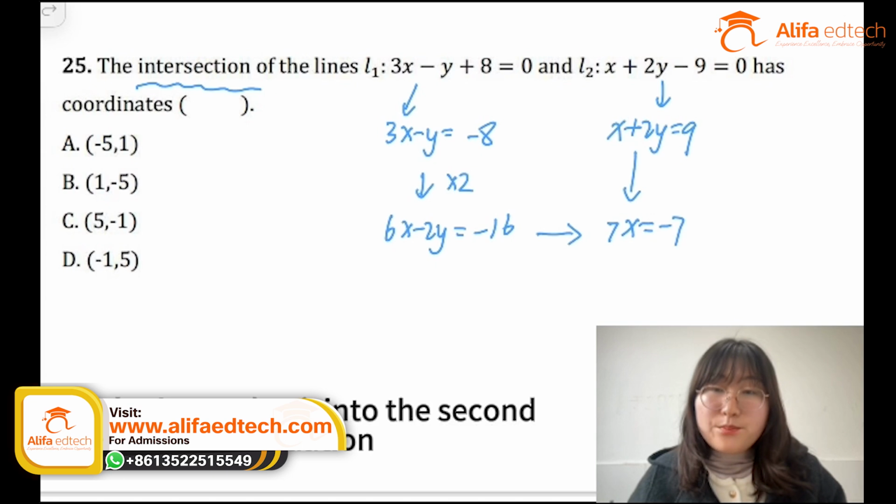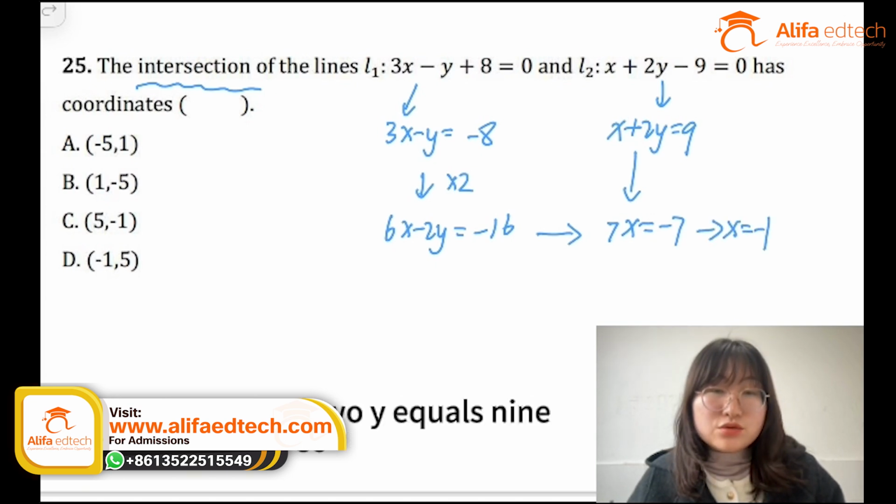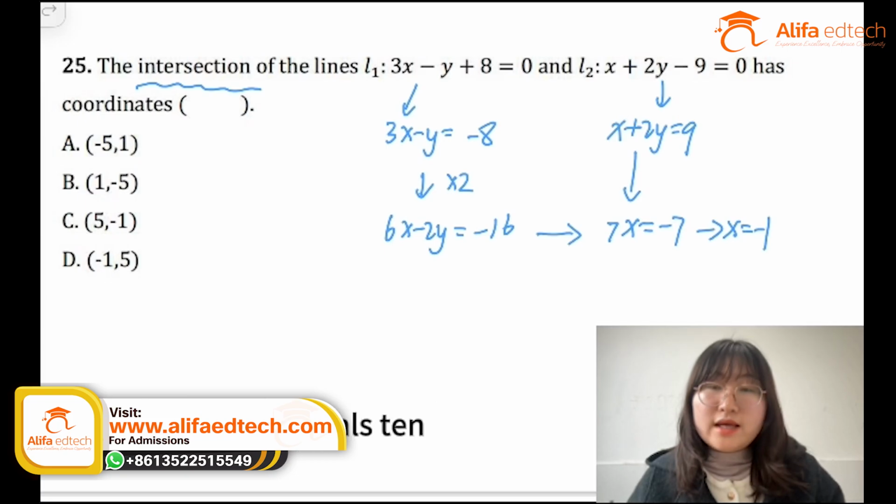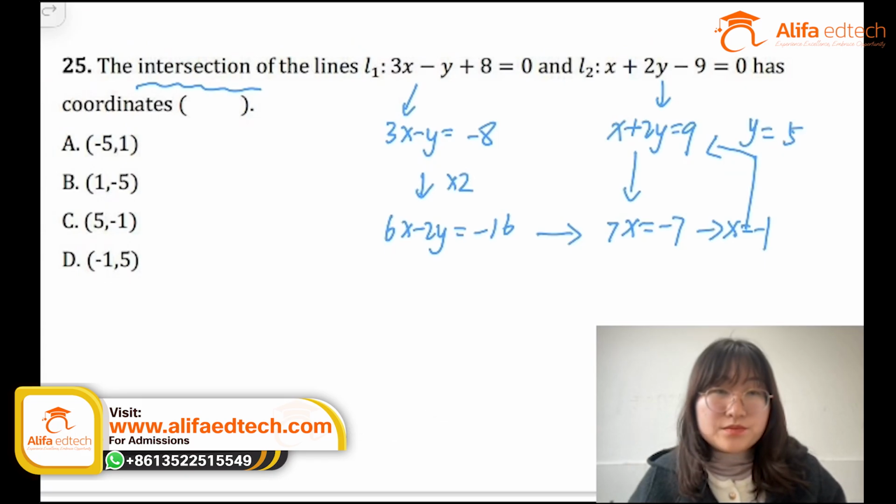Substitute x back into the second equation. -1 plus 2y equals 9, so 2y equals 10, and y equals 5. The intersection is -1, 5. The correct answer is D.